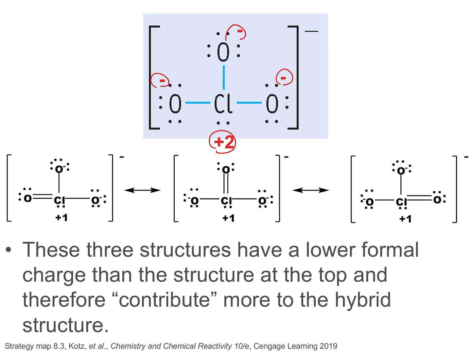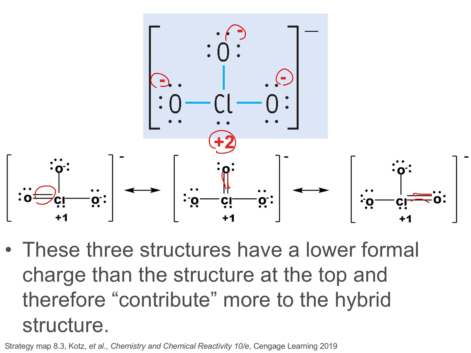Well, I went through and drew three more structures, and in each one the chlorine is still in the middle, but here I drew a double bond between this oxygen with only two lone pairs. Here I drew a double bond on this oxygen. And here I drew a double bond on this oxygen.